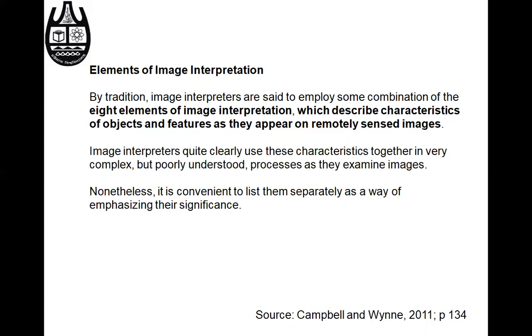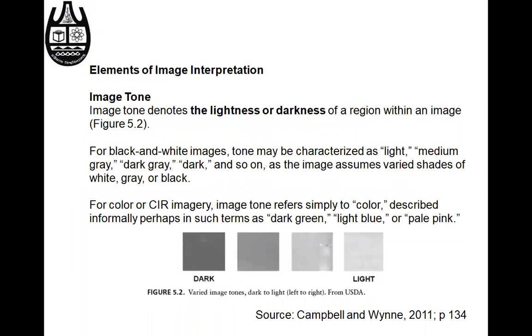So these skills and these elements are very important to see for each object when we are going for the interpretation. If you do not have knowledge about those elements, maybe sometimes you will be misled in the interpretation task. Among them, the first one is image tone.